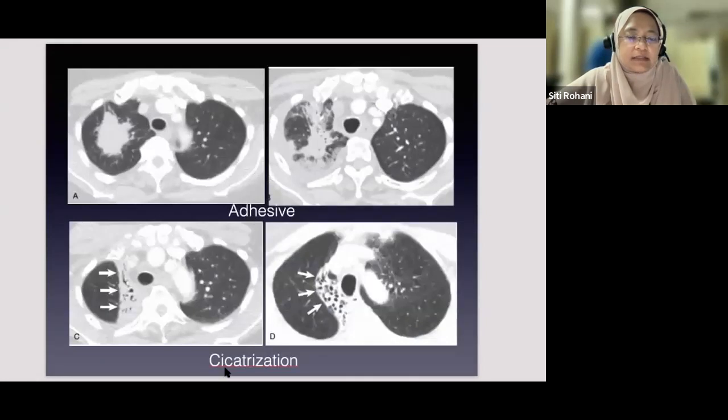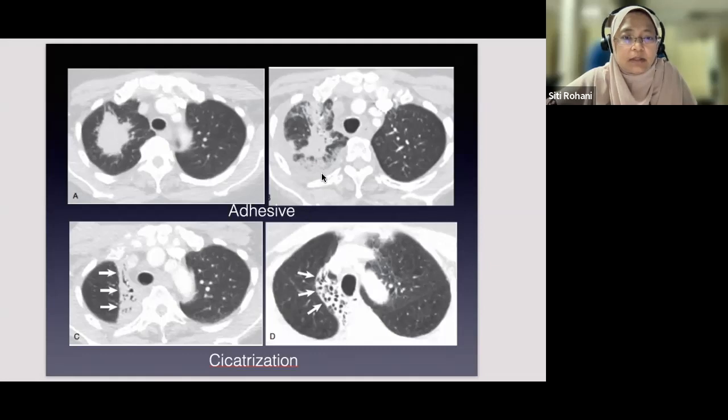Adhesive and cicatrization atelectasis. Adhesive atelectasis is when there's consolidation with scarring, especially in case of TB, tuberculosis, where there is consolidation, infection, active inflammation together with fibrotic process during the infection. So adhesive atelectasis is because of volume loss, because of the consolidation.